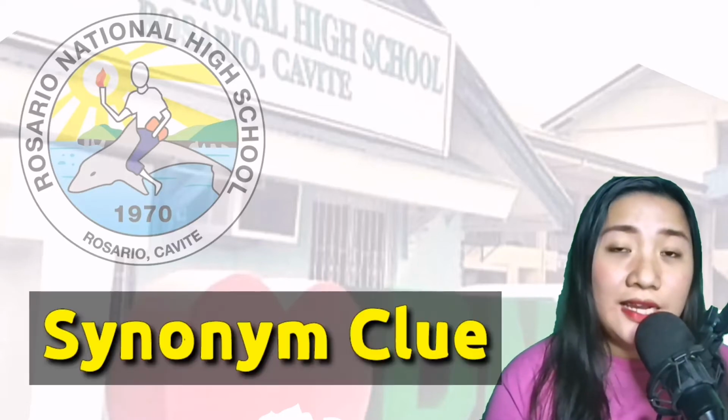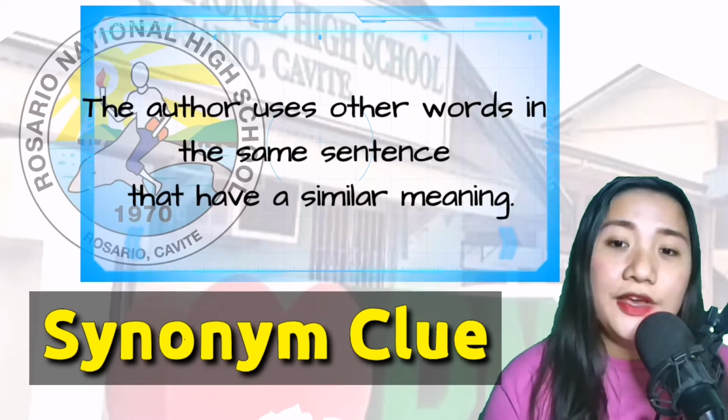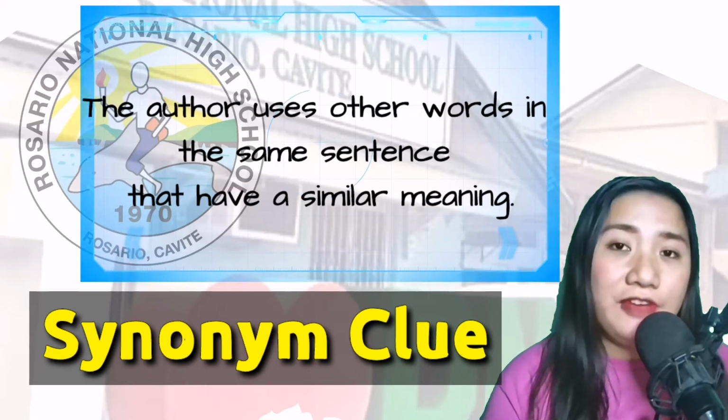Now let's have another clue. Clue number two. It's what we call synonym clue. It is when the author uses other words in the same sentence that have a similar meaning. Again, similar meaning, same. So I'd like to give you another example for this.